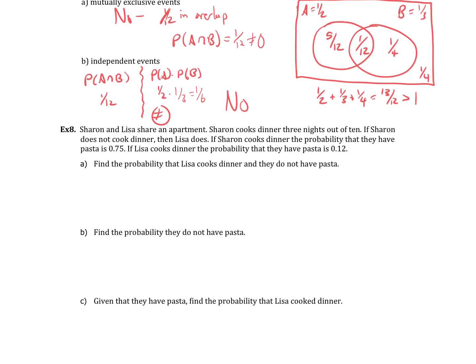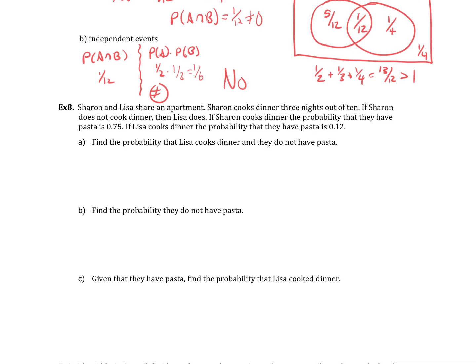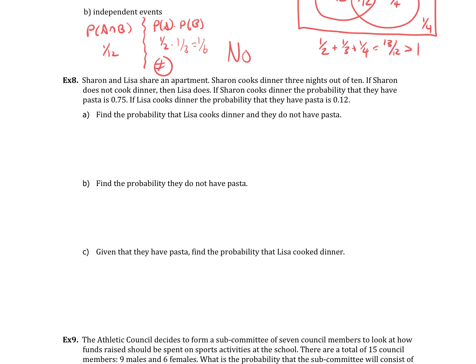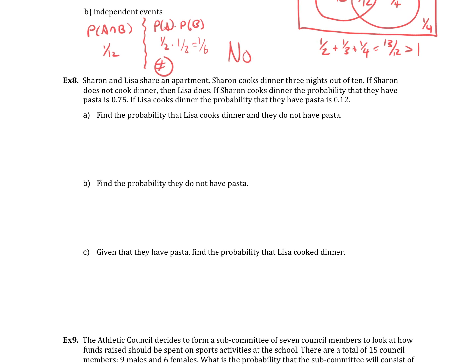All right. We have this Sharon and Lisa thing. This looks like a tree. Or actually it could be a Venn. Yeah, I kind of like the tree idea. Let's do the tree. So Sharon cooks dinner, because once we know about one thing, it kind of drives the other one. If Sharon cooks dinner, the probability they have pasta is this.